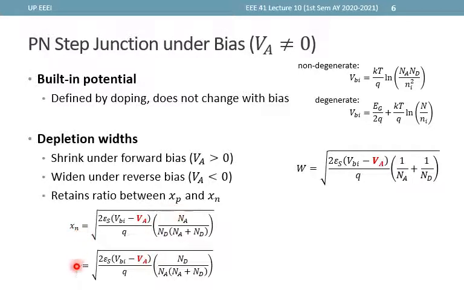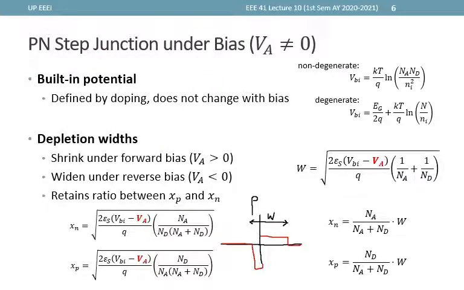Now, when we get the ratio of xn and xp, it actually retains the ratio. So we still had these equations when the device was in thermal equilibrium, although this also applies when the device is not in thermal equilibrium, again for step junctions. And why is that so? Consider this plot of the charge density. Say this is the equilibrium case. When we widen the depletion region, we're considering a reverse bias case, then the plot extends a little bit, and so we add this smaller area here.